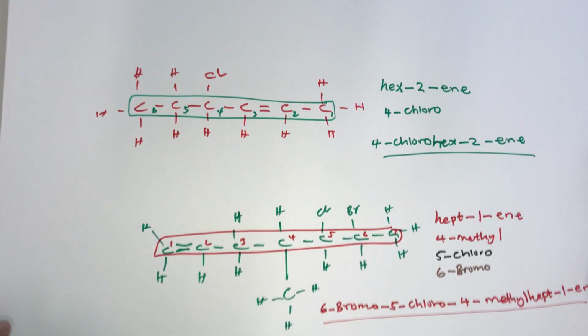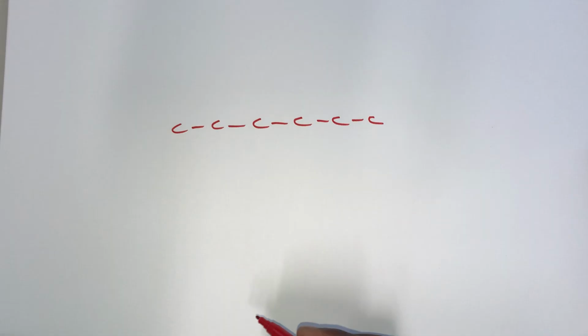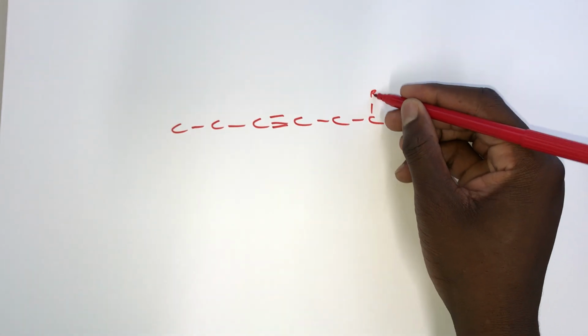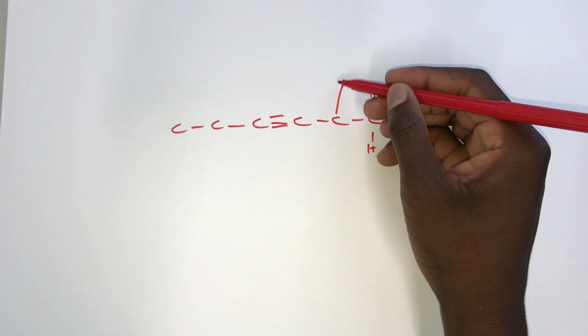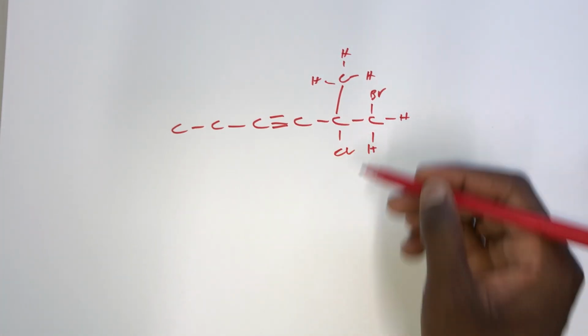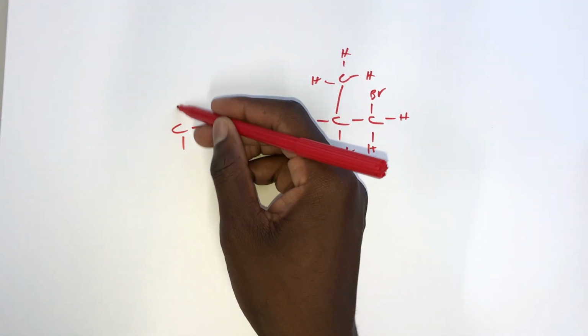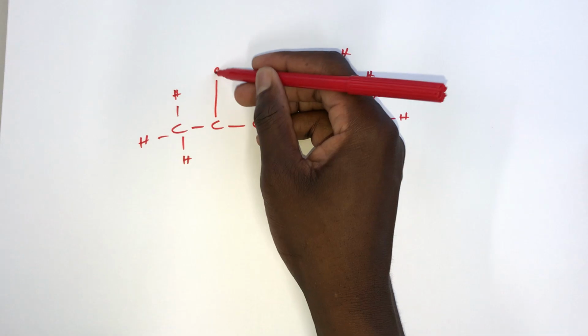Okay, let's check another one. Let's say now we have C, just like that, and then we have a triple bond. So we have bromine, and then we have a branch, we have Cl, okay, and then here we have another branch.